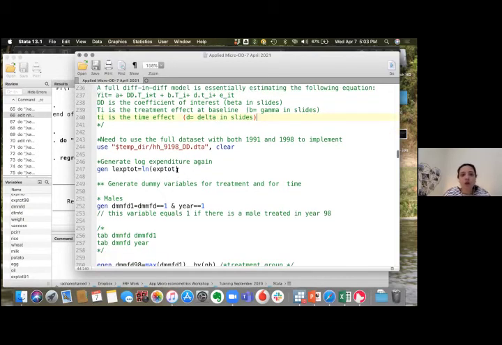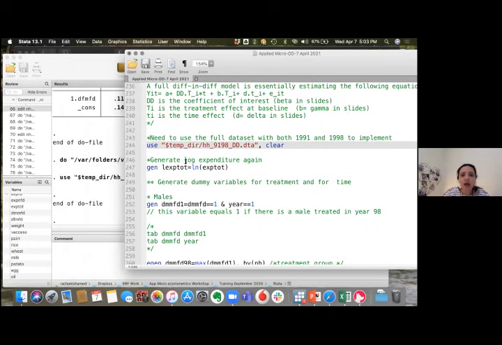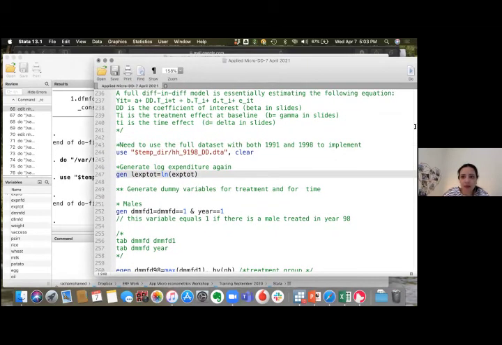Okay. So remember that I manipulated my data and I dropped some of the observations for 91. So here I will reopen my original data set. I will create again the total expenditure per capita in logarithmic form.